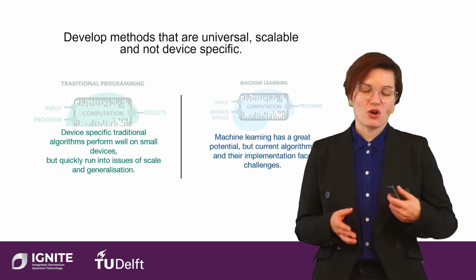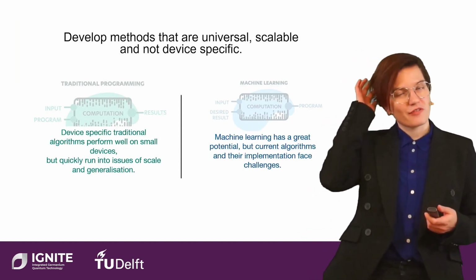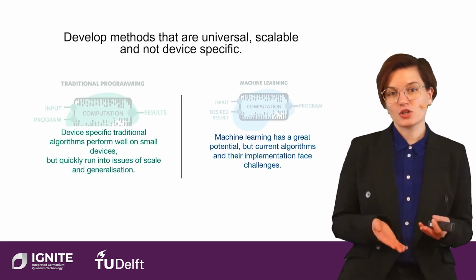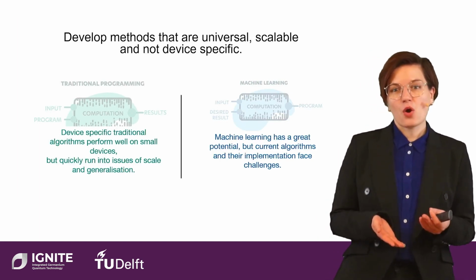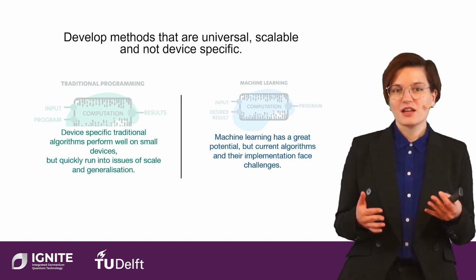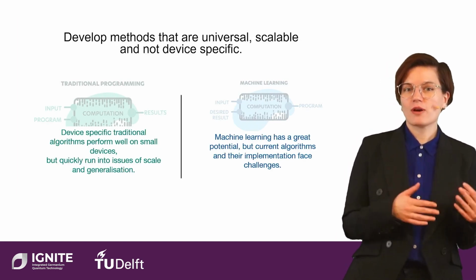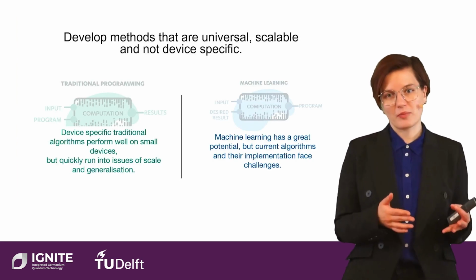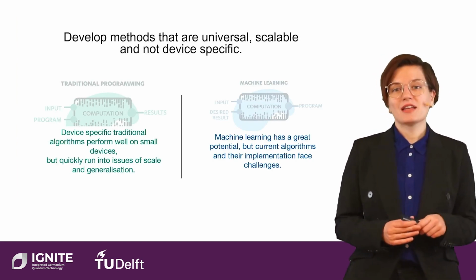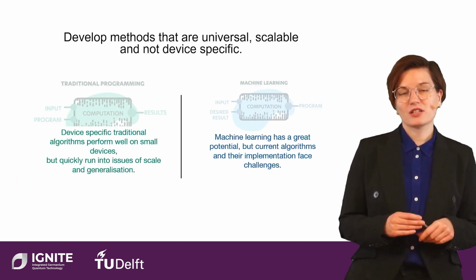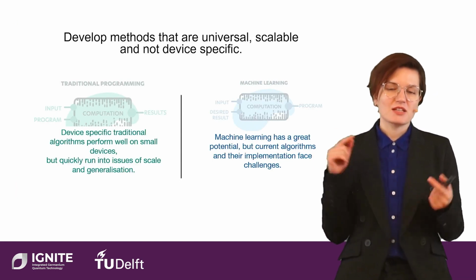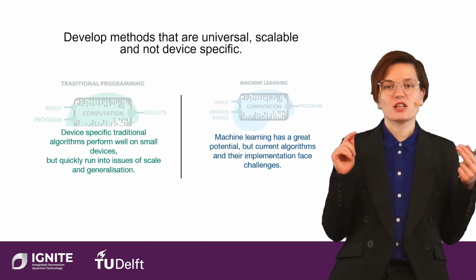There is this long view challenge that comes from the fact that if you want to scale up to many qubits, for example, or if you just want to have your operation faster and faster, there are some limitations to how sustainable this traditional programming can be. Machine learning has great potential, but at the same time, the current algorithms face some challenges. We can see great speed, great generalization.